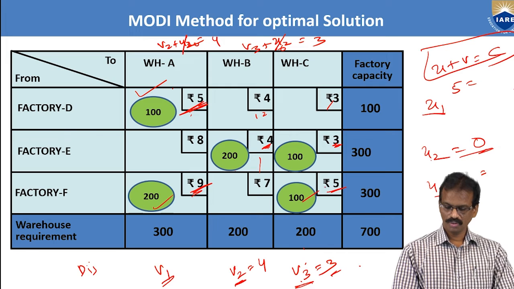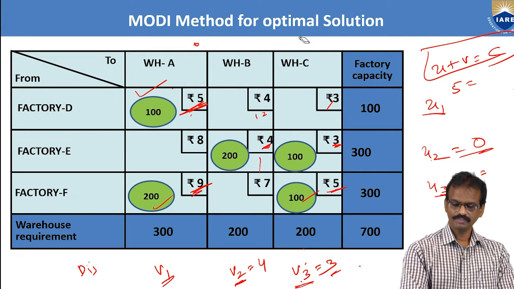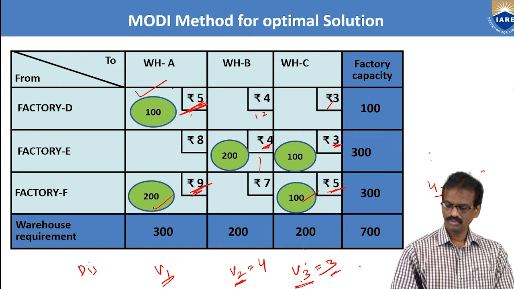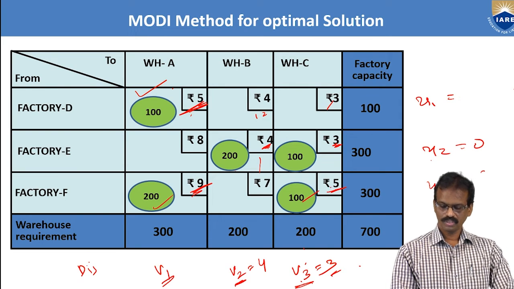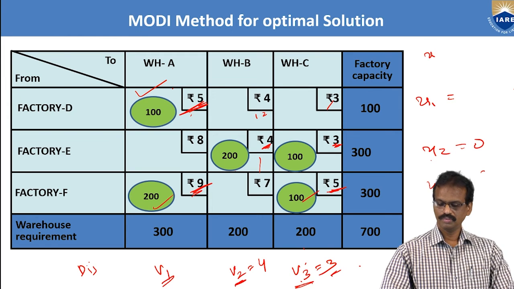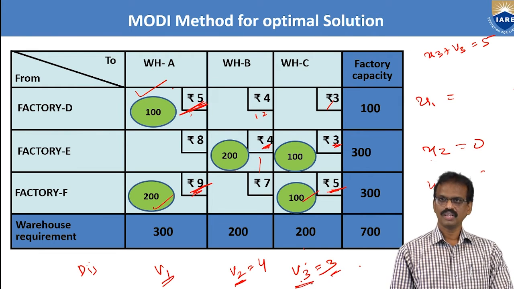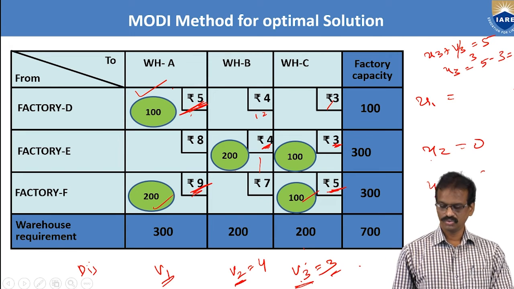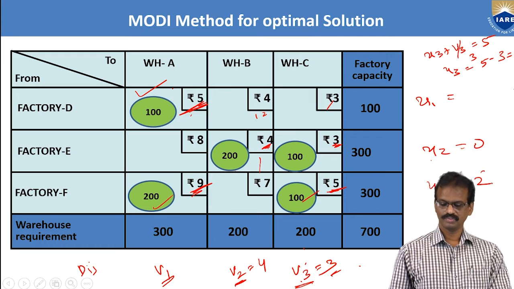So what is the formula for the 5? 5 is equal to v3 plus u3, so u3 plus v3 is equal to 5. You know already v3 is equal to 3, so u3 is equal to 5 minus 3, which is 2. It means u3 is equal to 2.